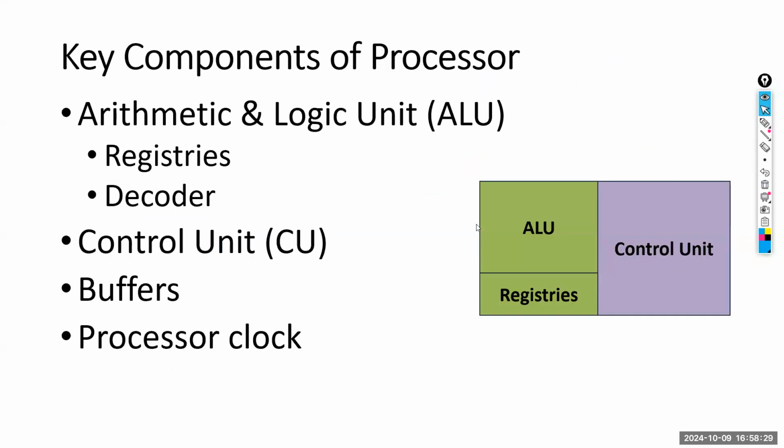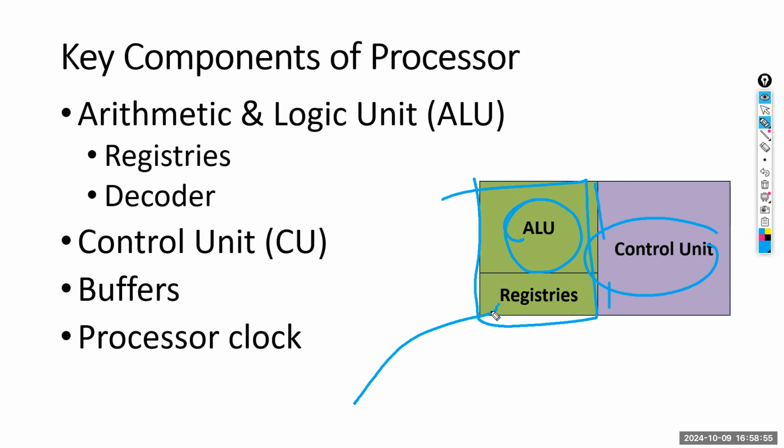Right. So remember the microprocessor. Microprocessor means your processor or CPU. Your microprocessor has an arithmetic and logic unit and a control unit. Actually, registers are part of the ALU and control unit. So for instructions, remember we have fetch, decode, execute. A particular instruction is loaded to one of the registers. And related data is also loaded to the registers.